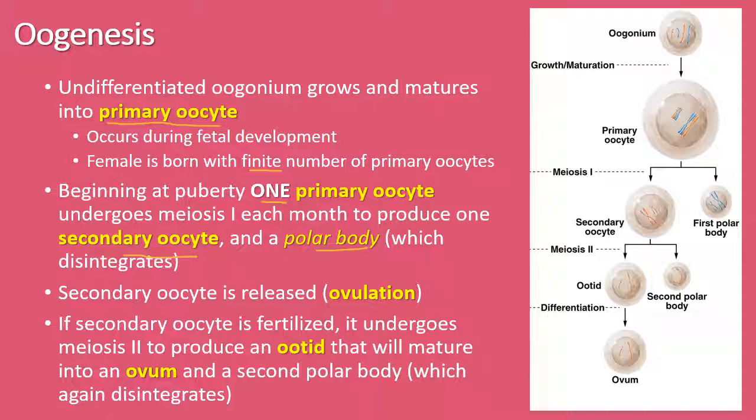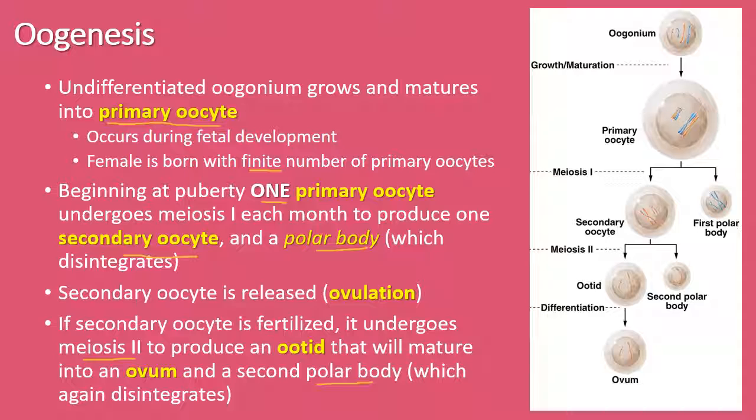Now, only if that secondary oocyte gets fertilized, it will then undergo meiosis II. Actually, if you're doing in vitro fertilization and looking under a microscope, you can see that second polar body form, and that is indicative of fertilization being successful.